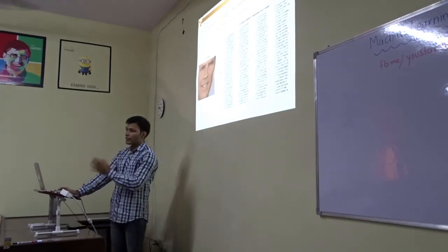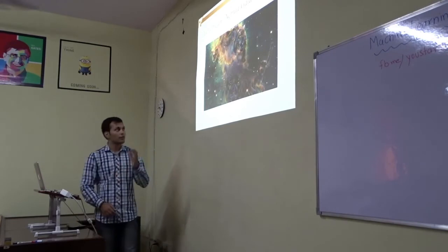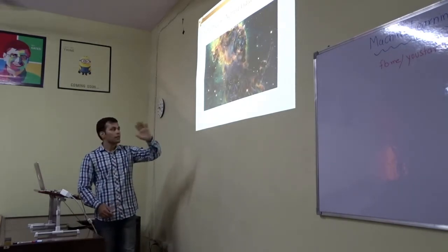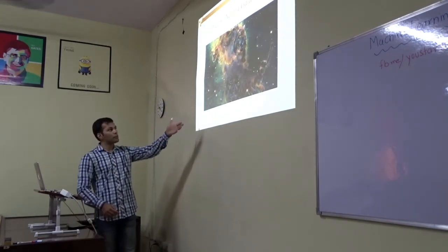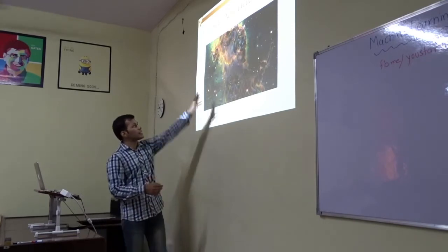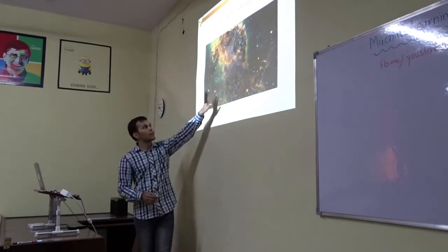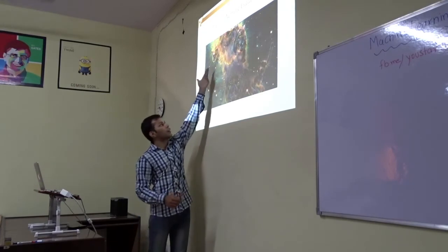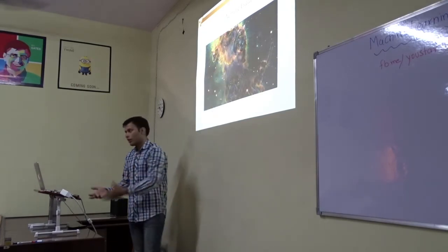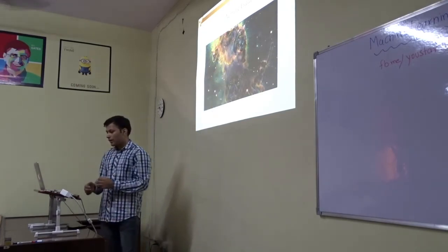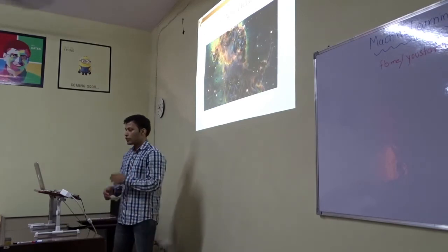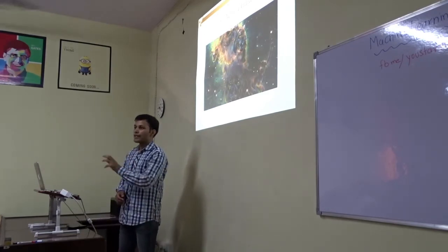There are some artistic applications also of deep learning. Like this is Deep Dream. What you can see is that this is a Nebula Galaxy photo on which the neural network was applied, and it can find out the faces of dogs and cats over it. This was done using a deep neural network, which was trained on the images of cats and dogs.